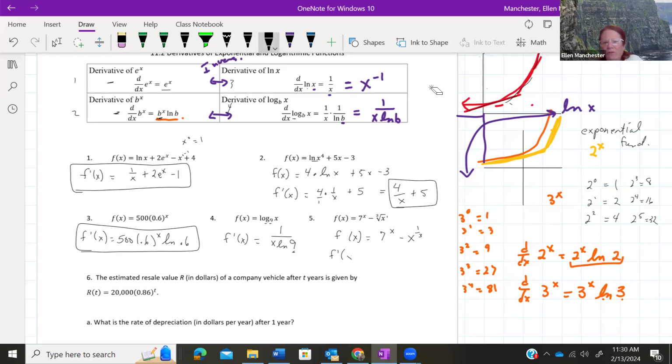So the derivative, so 7 raised to the x power, I'm going to use my exponential function. So it's 7 raised to the x power times ln of 7 minus, and now I use the power rule. The 1/3 comes to the front, and then I subtract 1. So I get negative 2/3. That doesn't look good.